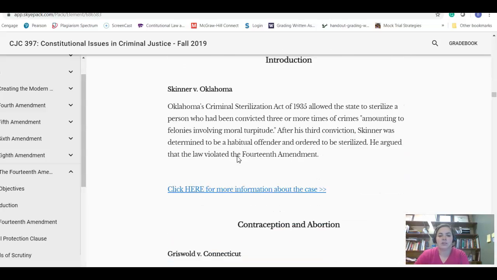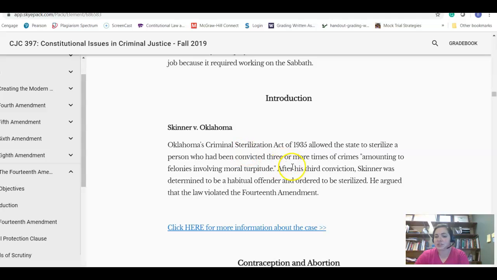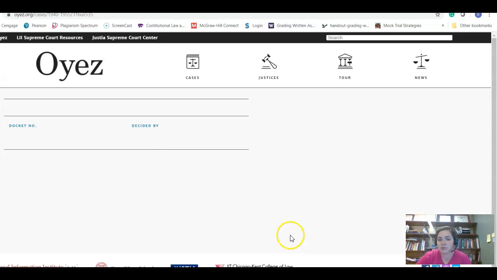So starting off with a couple of the cases you guys had to journal for this week. The first one was Skinner versus Oklahoma. This was a state law that permitted Oklahoma to sterilize persons who had been convicted of 3 or more felonies. Skinner was sterilized, and he argued that the law violated his rights.